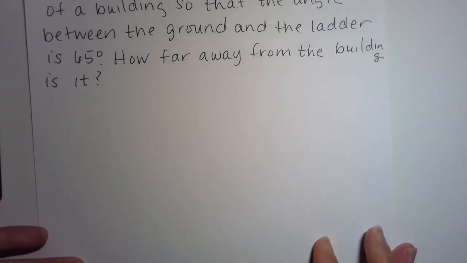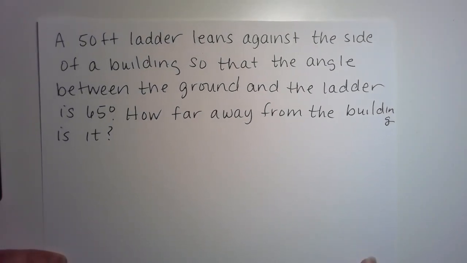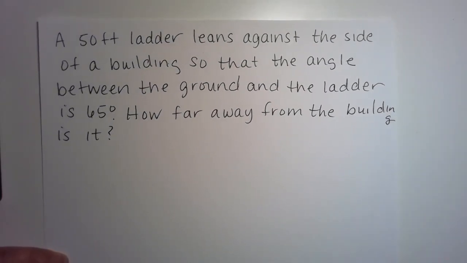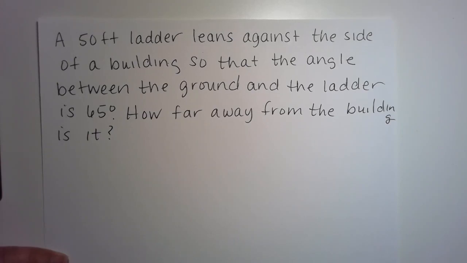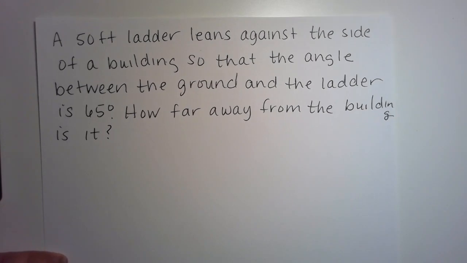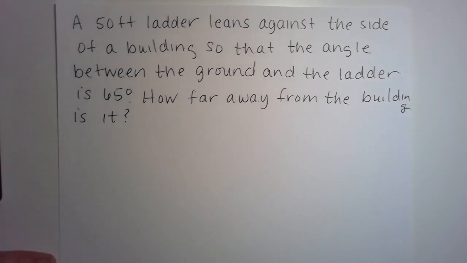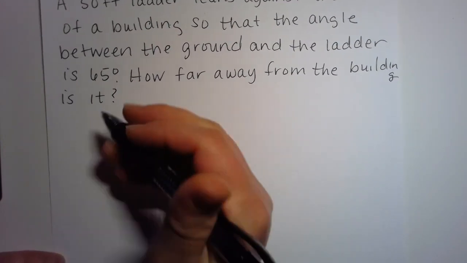All right, so this time we have a word problem. We have a 50-foot ladder leaning against the side of a building so that the angle between the ground and the ladder is 65 degrees. How far away from the building is it? Okay, so I know we're going to need a right triangle here.